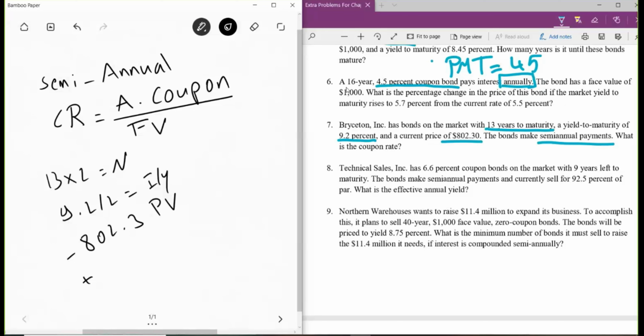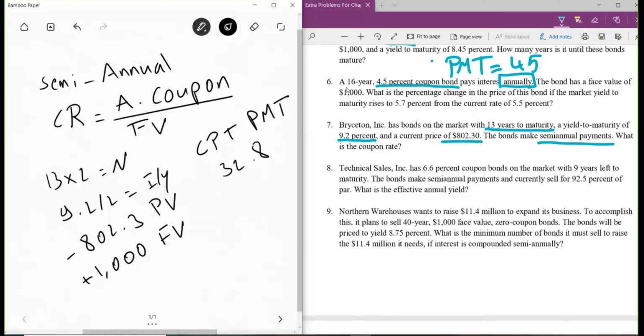And 1000, this is FV. I compute the payment. The payment is equal to 32.8. So now this is the semi-annual payment.